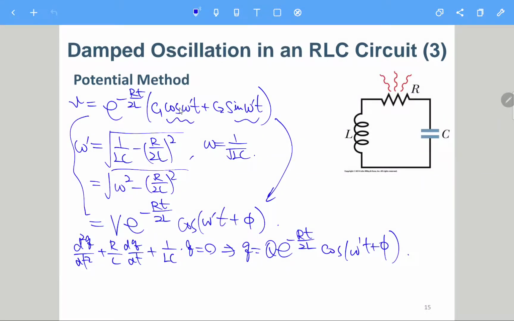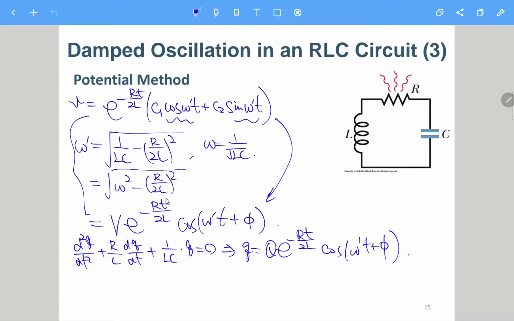Okay. So this is interesting: if we don't have this R, then the oscillation frequency will be omega. And if there is some resistance in series with this LC oscillator, then the oscillating frequency will be lower than the original case. When R is larger, omega prime becomes even smaller.